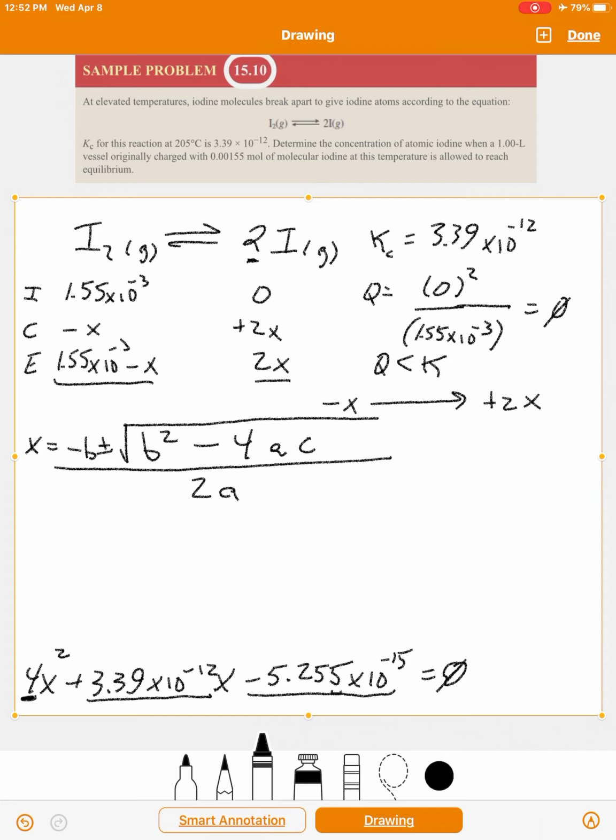Okay. So let me come up over here and let's do this. x is equal to minus b.